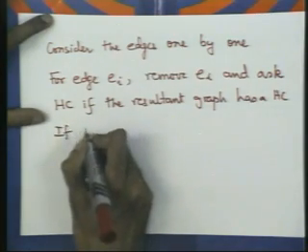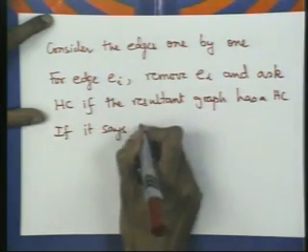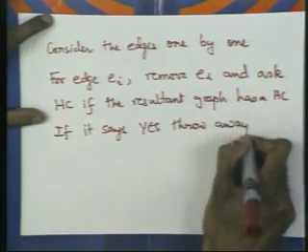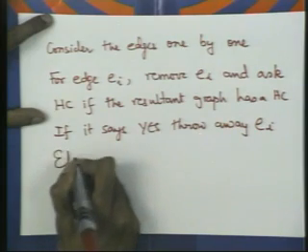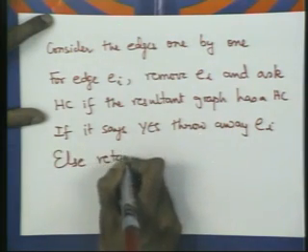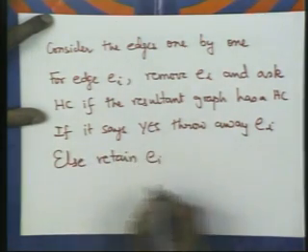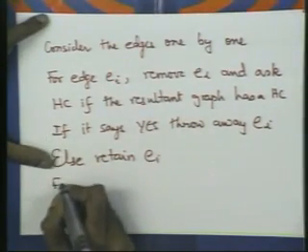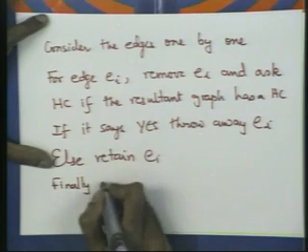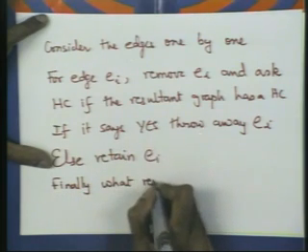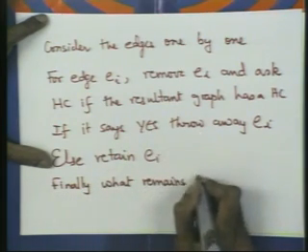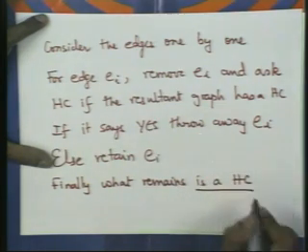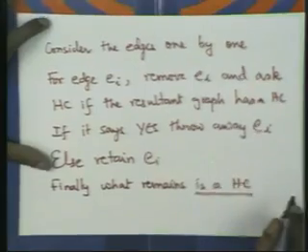If it says yes, throw away EI, else retain EI. That's it. You just do it for all edges. Finally, what remains is a Hamiltonian cycle, which means what remains are edges from a Hamiltonian cycle.